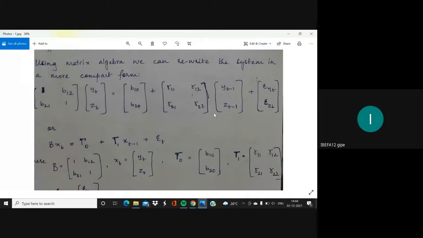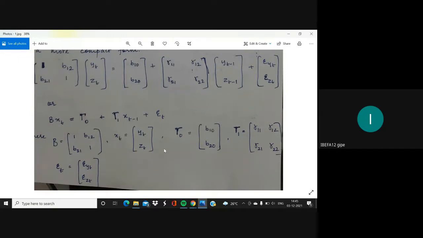So we can simplify the notation further and rewrite this as B. We can denote this matrix by B, this vector of the endogenous variables by xt, and this vector of the constant terms by tau naught. Similarly, this matrix can be denoted this way, and this will be xt minus 1, since it's the lag of these endogenous variables. And the vector of these structural error terms is epsilon t.